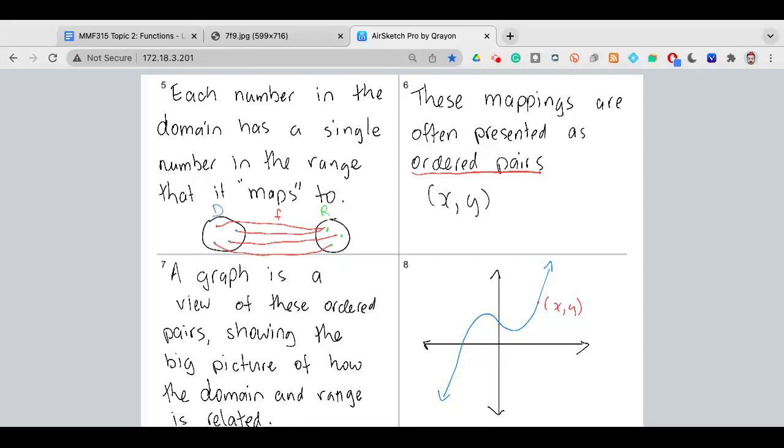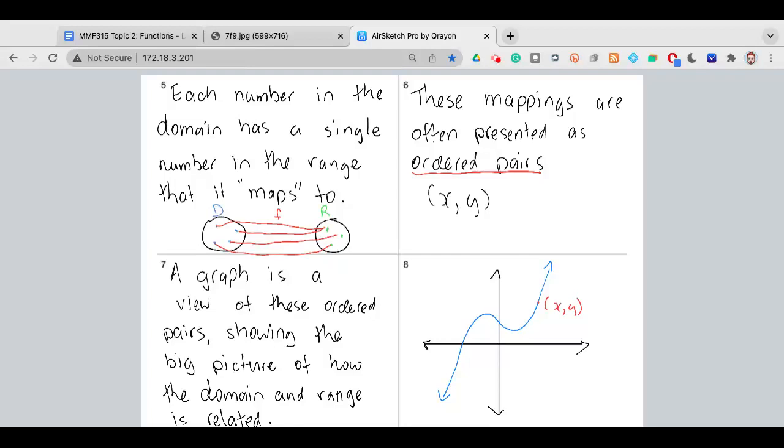So this is where we make the link to graphs. These mappings are mapping points from the domain to the range. These mappings are often presented as ordered pairs, and that's where our x, y comes from. So a coordinate on the Cartesian plane, our x and y axis, is simply a single example of a mapping from domain to range.